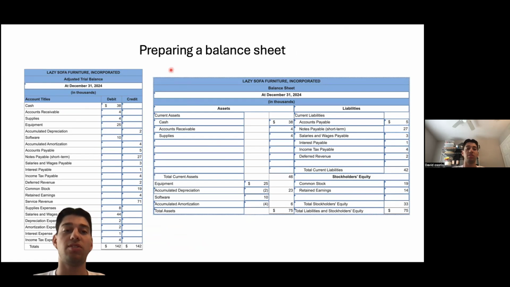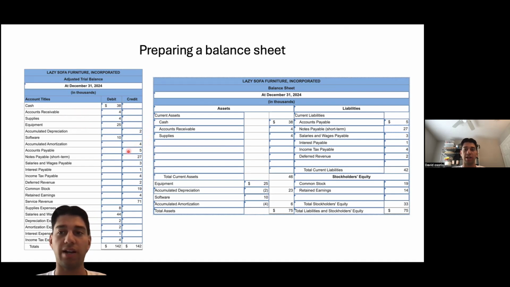We also use the adjusted trial balance for the balance sheet, but we use the other accounts, the permanent accounts, such as cash, accounts receivable, supplies, all the assets, liabilities, and stockholders' equity. This is a classified balance sheet, so we have separated current assets from noncurrent assets. For current assets, cash has the same amount, 38, then 4 for accounts receivable, 4 for supplies, and the same thing with accounts payable.